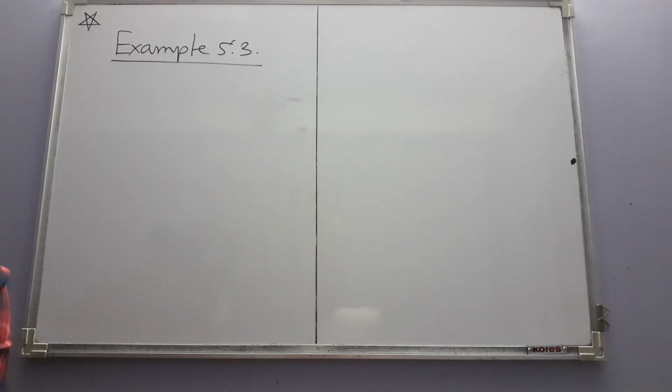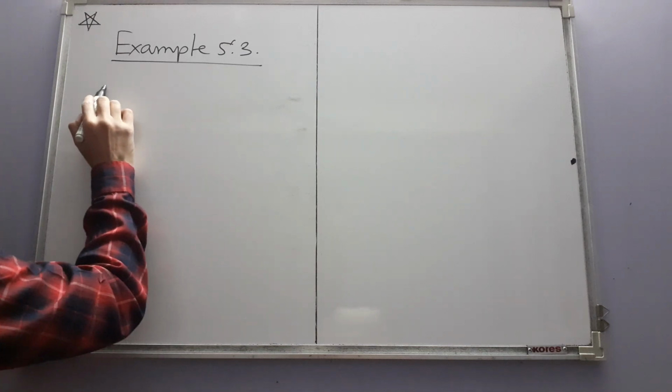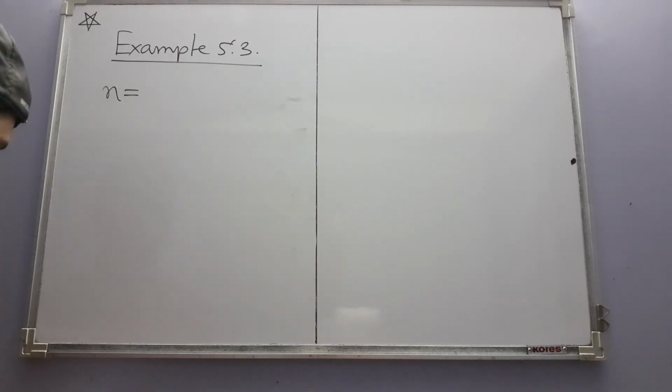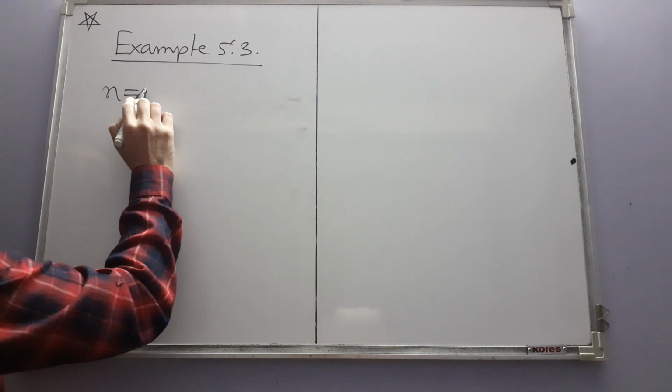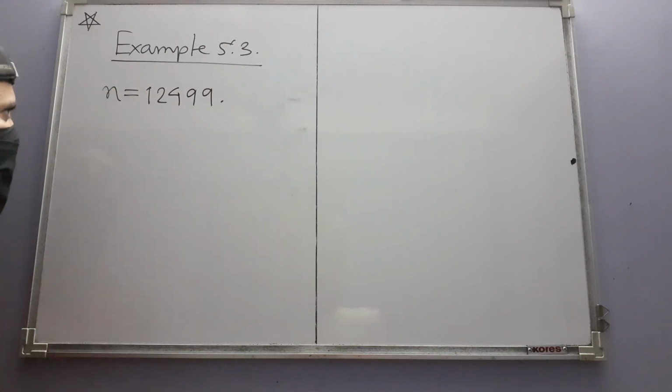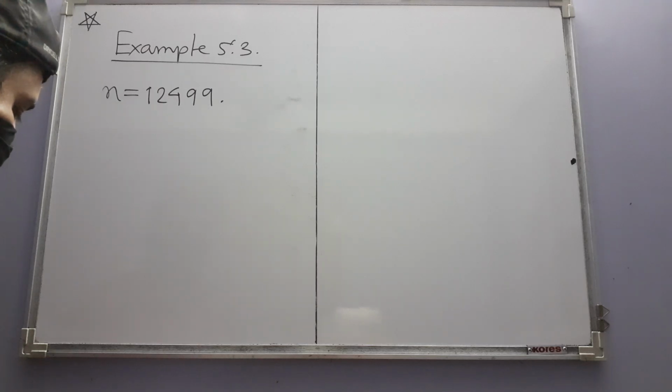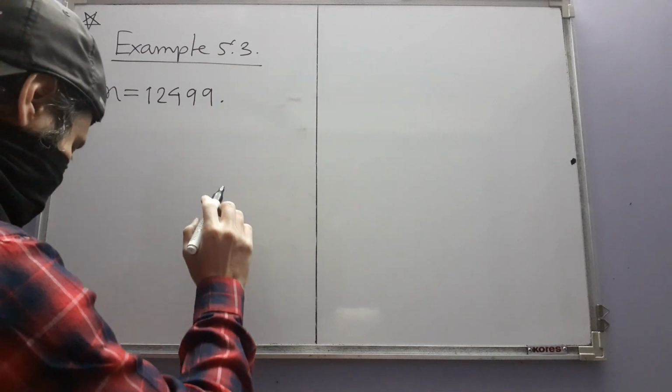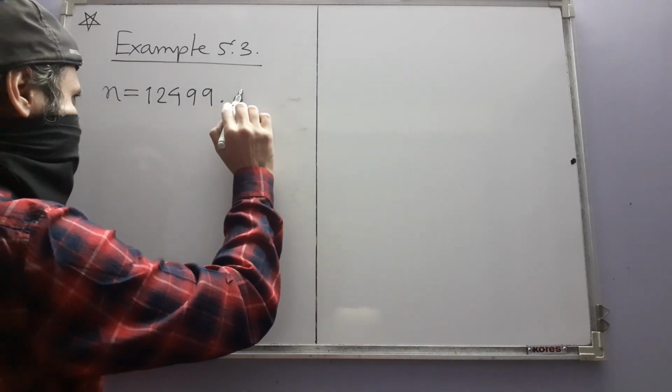So the next number is 12499. The beginning, of course, is somewhat like before. Somewhat means it's actually the same thing.